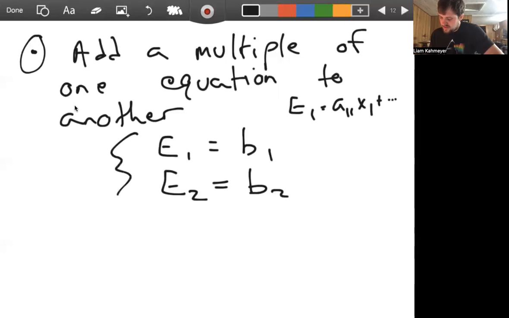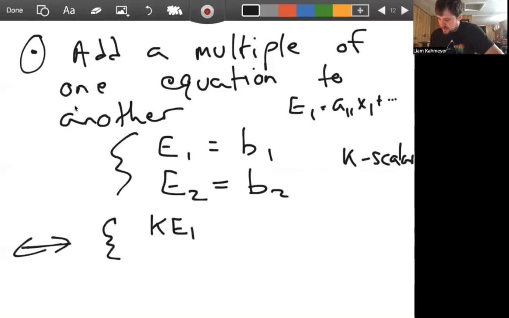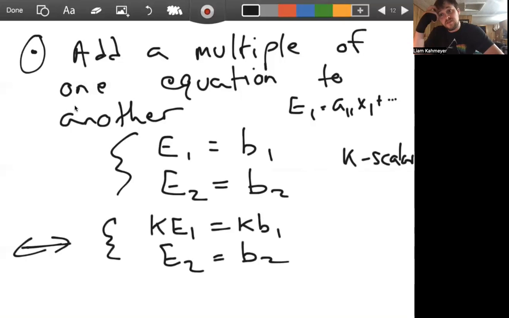Well, then this system is equivalent to, we're looking at a scalar k again here, let's say we scale the first equation by k. We know that's equivalent to k E1 equals k B1, E2 equals B2, right? We've just seen that this is an equivalent system.